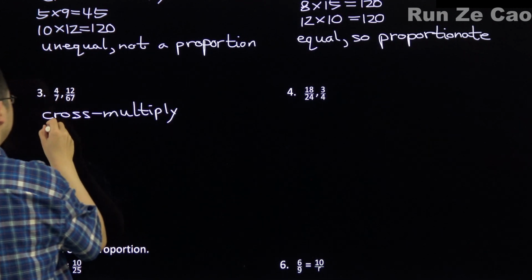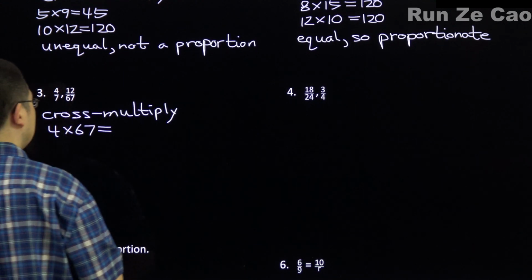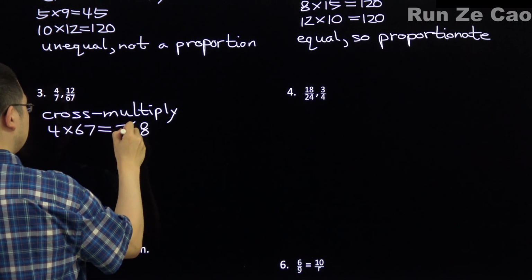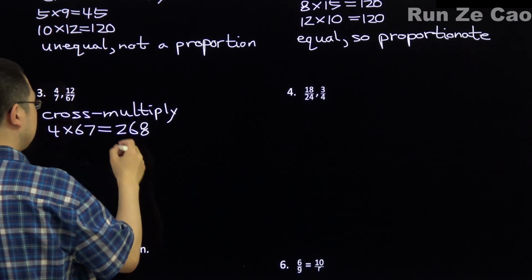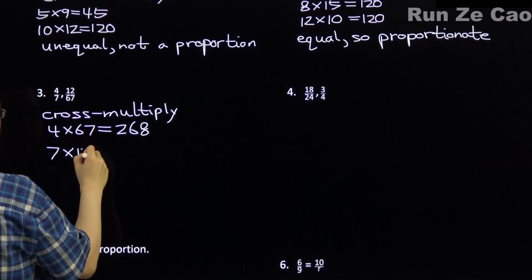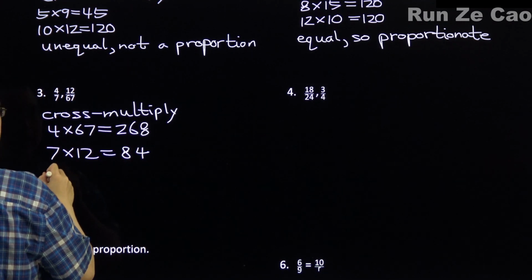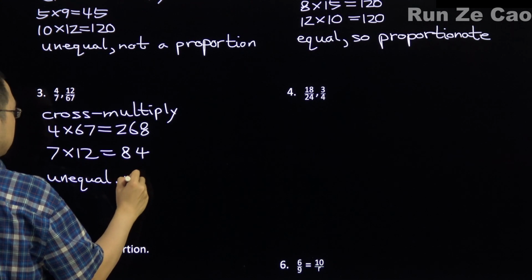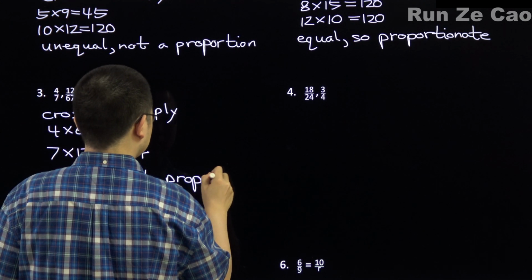And we get 4 by 67, which is equal to 268, and 7 times 12 is equal to 84. Unequal. Not proportionate. Okay.